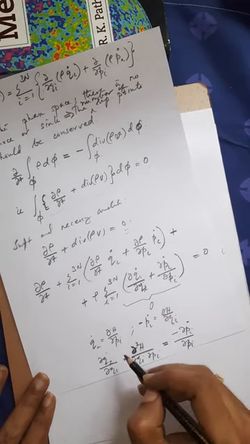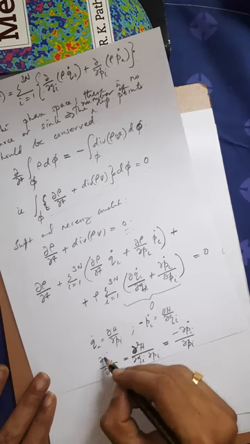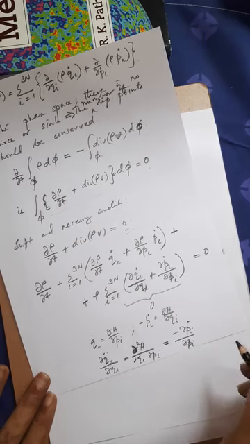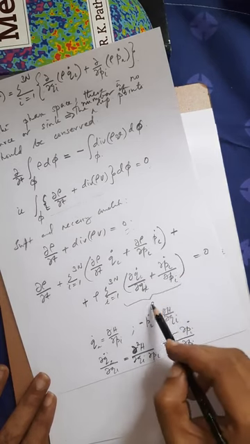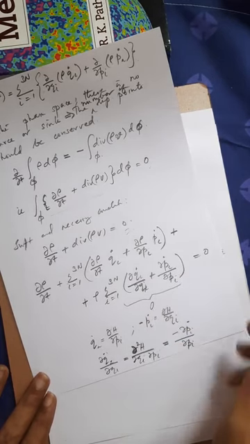Which means that dou qi dot by dou qi is equal to minus dou pi dot by dou pi, which means that this term will turn out to be 0.